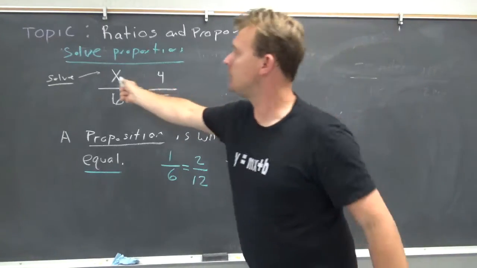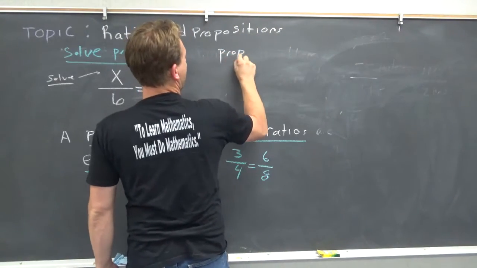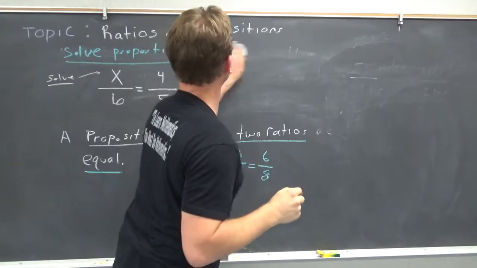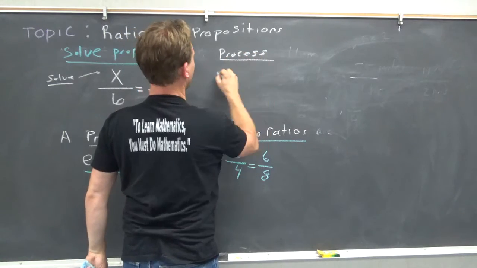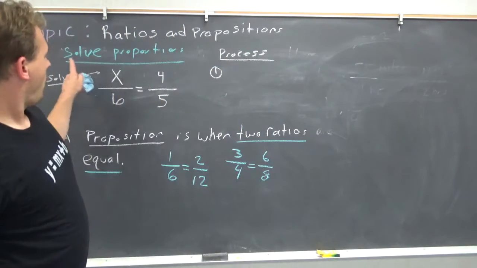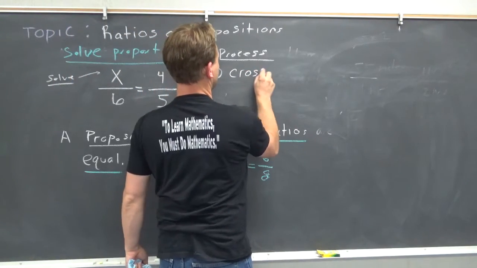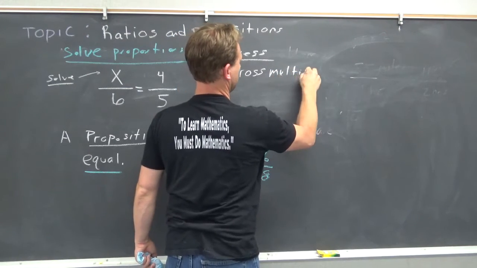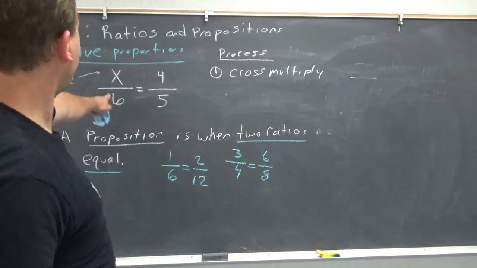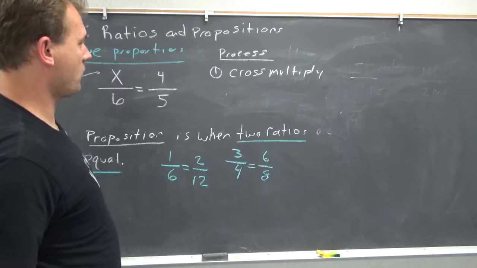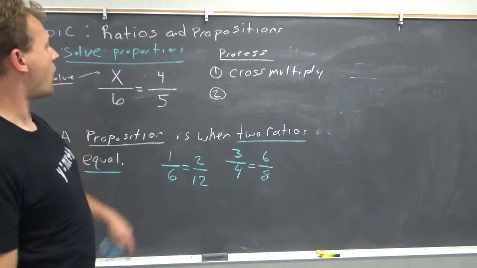So, how do we do something like this? The process is this. Step 1. We are going to cross multiply, because we're trying to find this value x. Step 2.